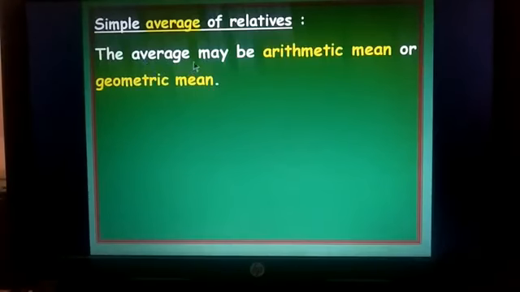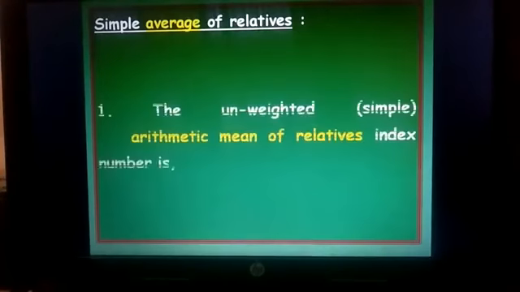In that, the average may be an arithmetic mean or geometric mean in our considerations.